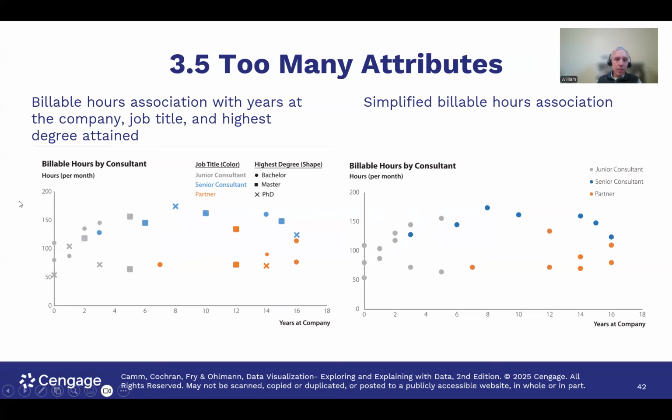They're trying to communicate years at the company versus billable hours. They're also trying to show whether it's a junior consultant, a senior consultant, or a partner, and they're doing that with colors. And then they're also trying to show the highest degree, and they're using shape to depict the highest degree. This is cognitive overload.